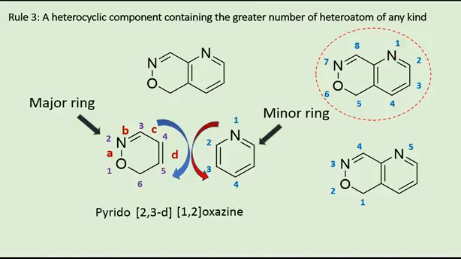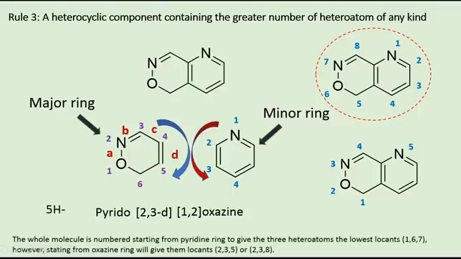Okay, so the least number needs to be kept for the heteroatoms. And in another way, the overall number given to different heteroatoms must be minimal all the time. So now, what is the position? 5H. 5H pyrido, 2,3-d, 1,2 oxazine.